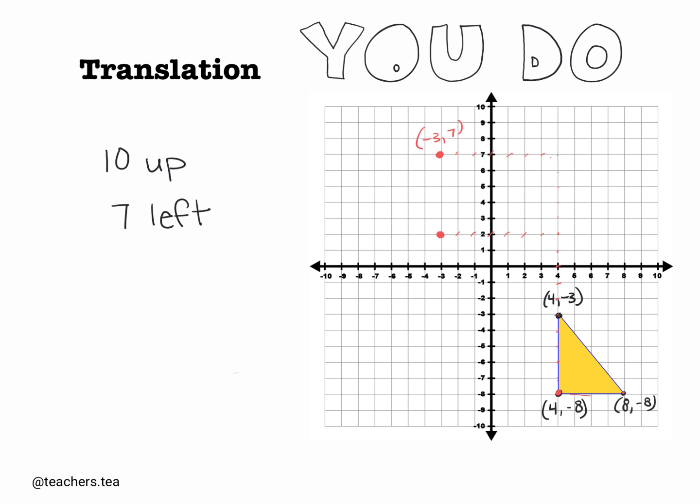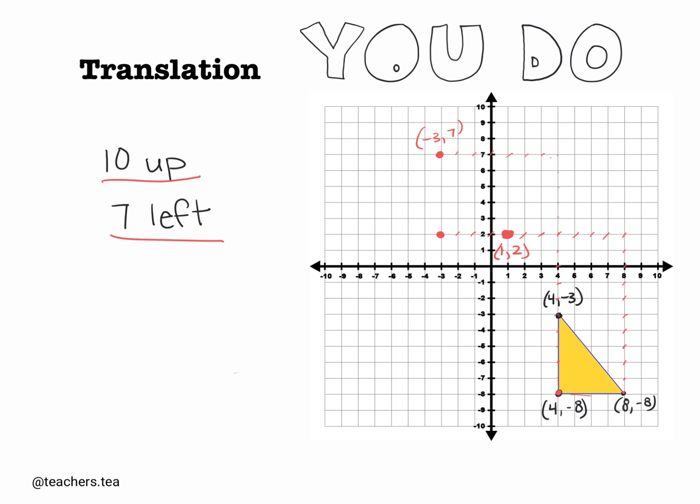Then our last coordinate is 8, -8. Let's move up 10 and 7 left again. Up 10, 1, 2, 3, 4, 5, 6, 7, 8, 9, 10. And I'm going to move 7 left, 1, 2, 3, 4, 5, 6, 7. This is our final destination, and it is at 1, 2.